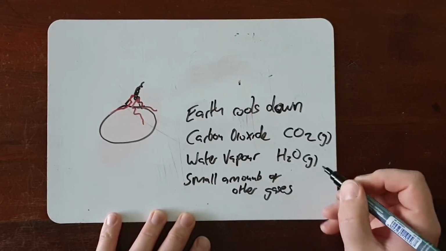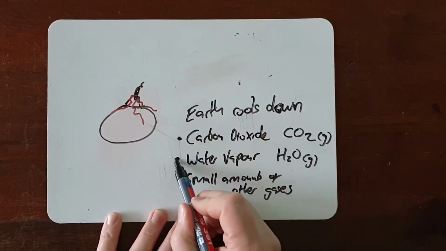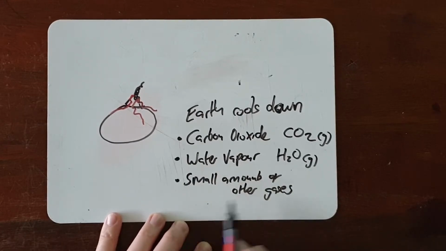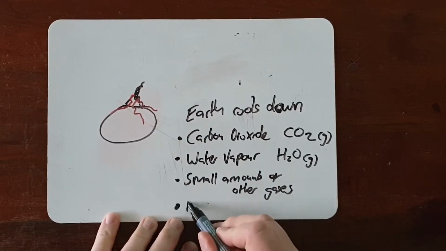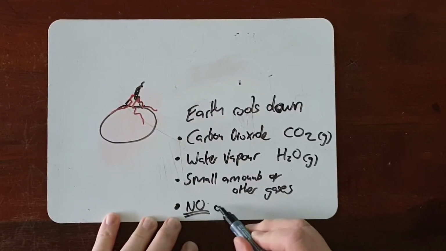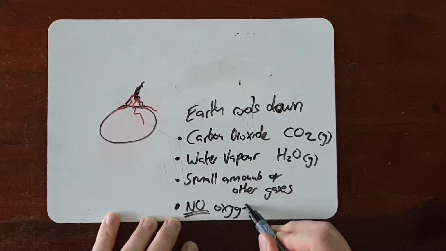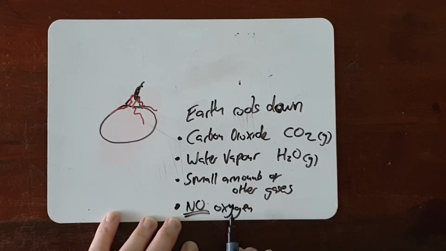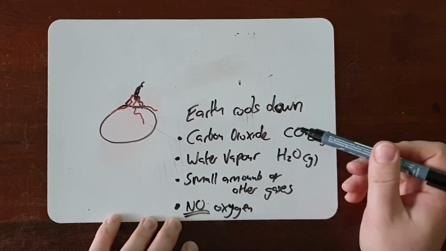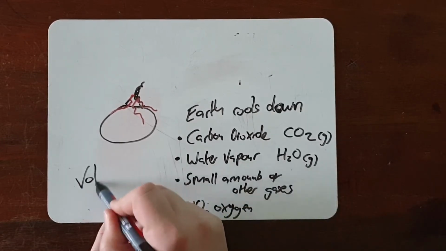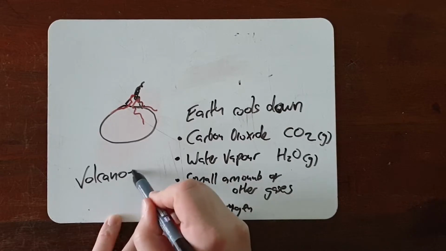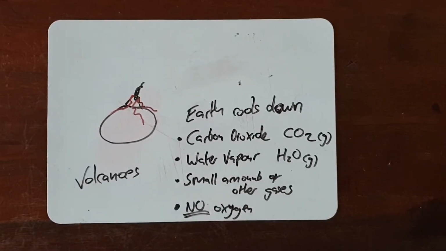I'm not going to go into them in this video because you don't need to know them for GCSE. You do need to know that there were small amounts of other gases, but you don't need to be specific. And really importantly, there was no oxygen at all. So we've got carbon dioxide and water vapor and other gases, and they've all come from volcanoes. Okay?